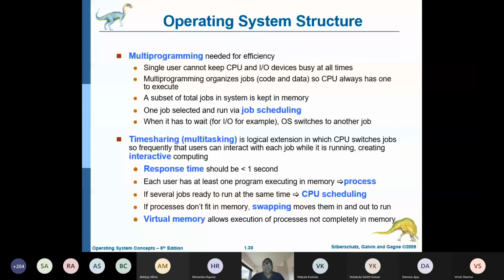You can use a simple round robin approach where the jobs are placed in a queue and offered to the CPU. As long as the job needs the CPU, it uses the CPU's time. And whenever it needs IO, the CPU will take up the next job in the queue.